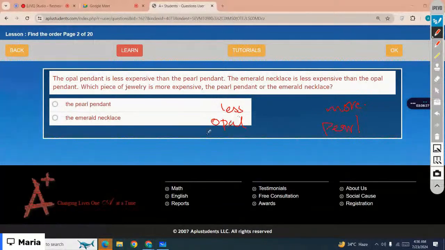So here is opal. Then emerald is less expensive than opal. And then here you have pearl. Which piece of jewelry is more expensive, the pearl pendant or the emerald pendant? You can see the order: emerald, opal, and pearl. The expensive one is the pearl pendant, right? The correct option is pearl.